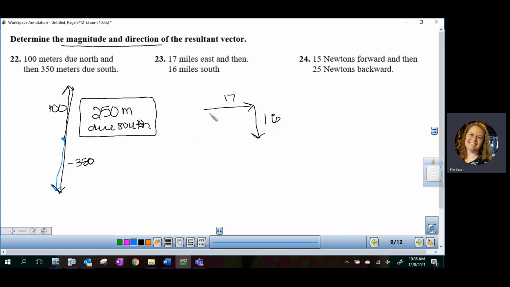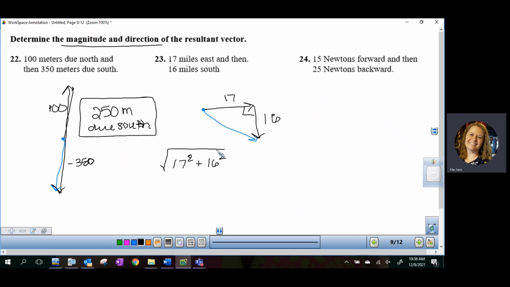So my resultant vector from the initial point to where we ended up, this is what I need to find. So this one is not as straightforward as that first one, right? Okay, so I know that this is a right angle. If I'm going east and then south, that forms a right angle. So this is a right triangle. So for magnitude, I can do the Pythagorean theorem, right?